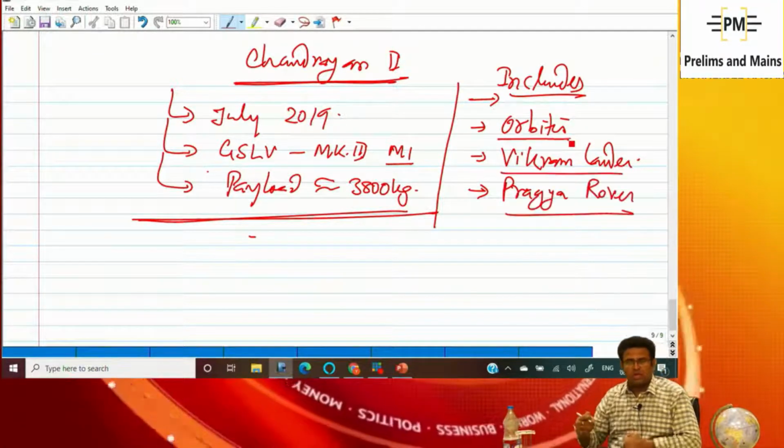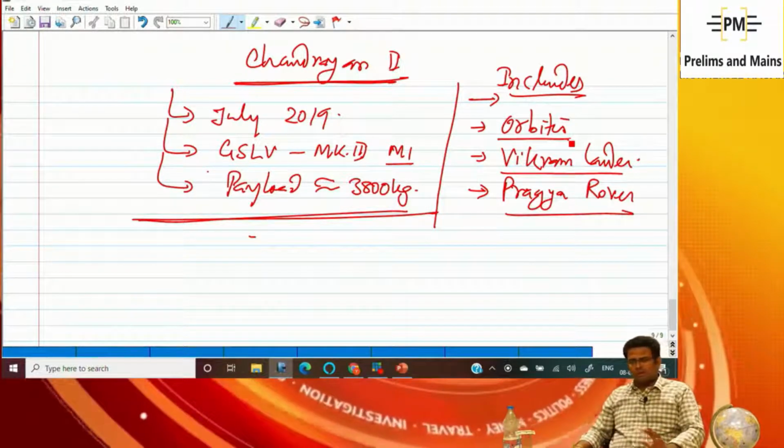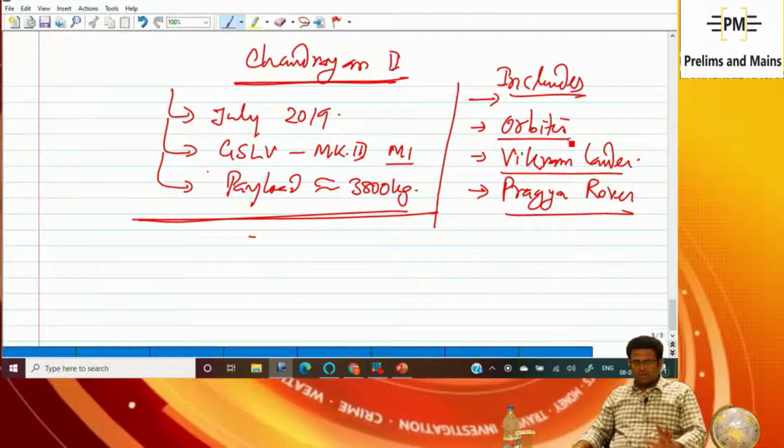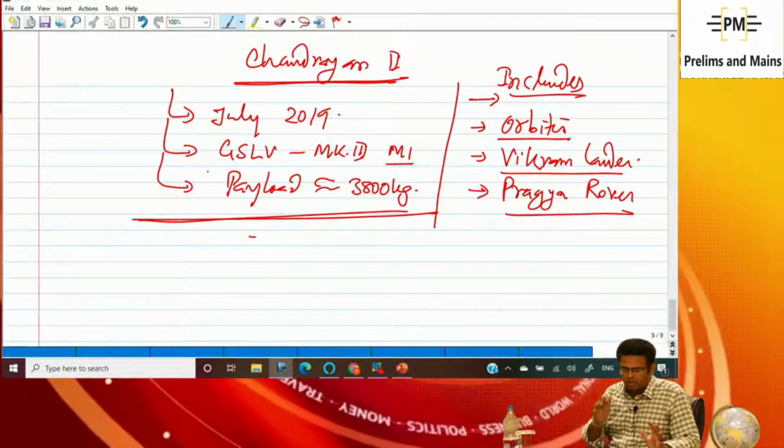These three things are there, and the total weight therefore becomes around 3800 kg. So this is the orbiter, lander.